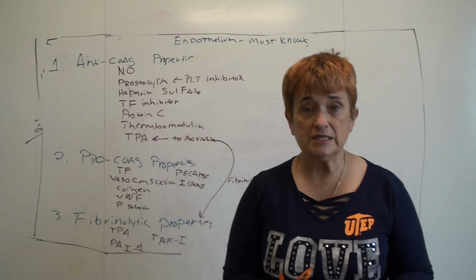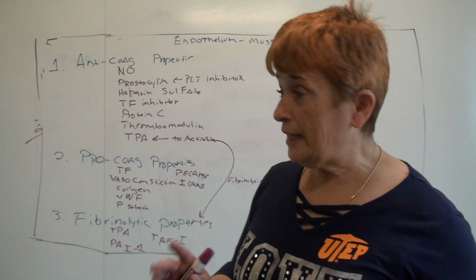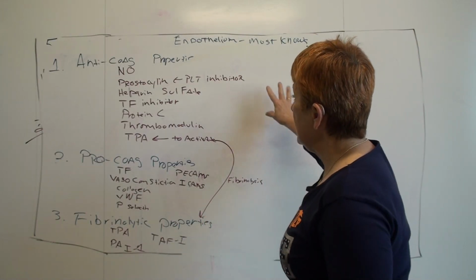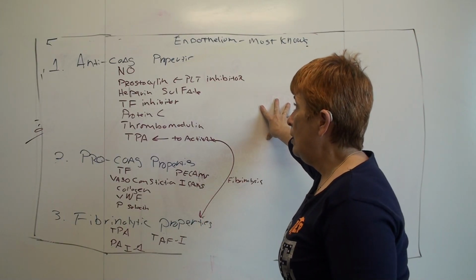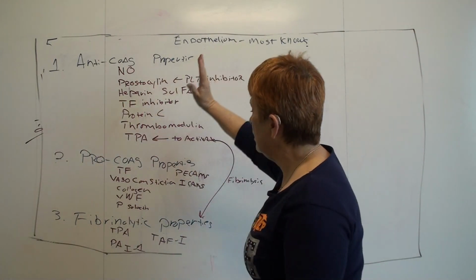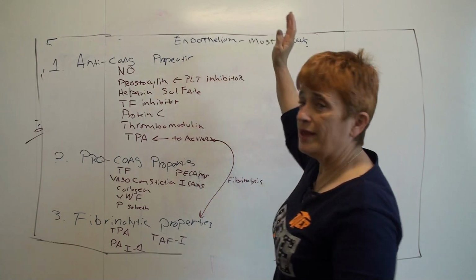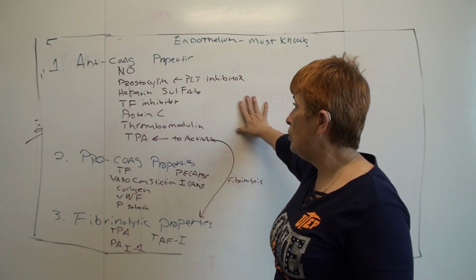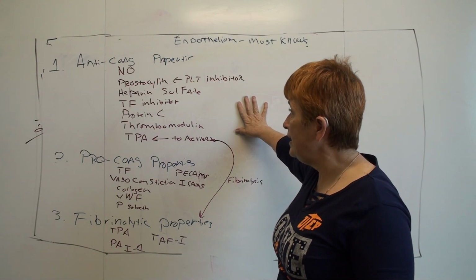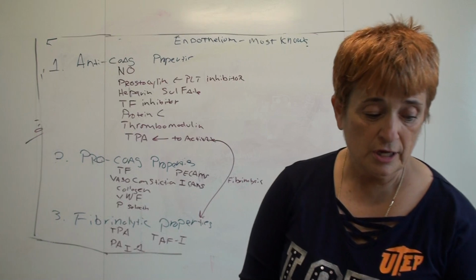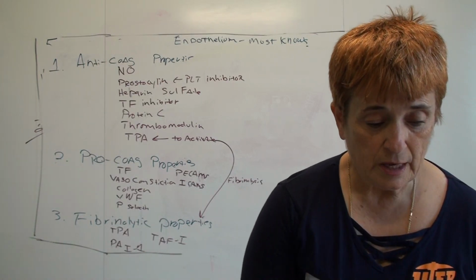All right, so that is really, really, really important for you to remember about the endothelium. When I start drawing the endothelium and showing how these will work so that the platelets don't make clots, this will make so much more sense to you. But for right now, you've got to remember these factors that are there.